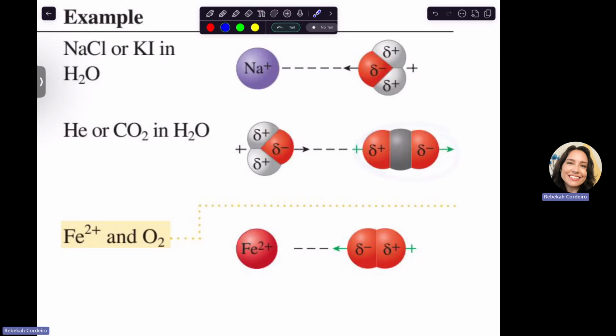Just like if you have a substance that's not on its own magnetic, but if you put it near a really strong magnetic field, it can become magnetic. If you have a bunch of negative over here, all your electrons are going to go this way in your carbon dioxide. It's kind of like London dispersion forces. If we have one that happens to be negative on one side, all your electrons are going to kind of flee to the other side. And this causes a momentary polarity in the CO2.